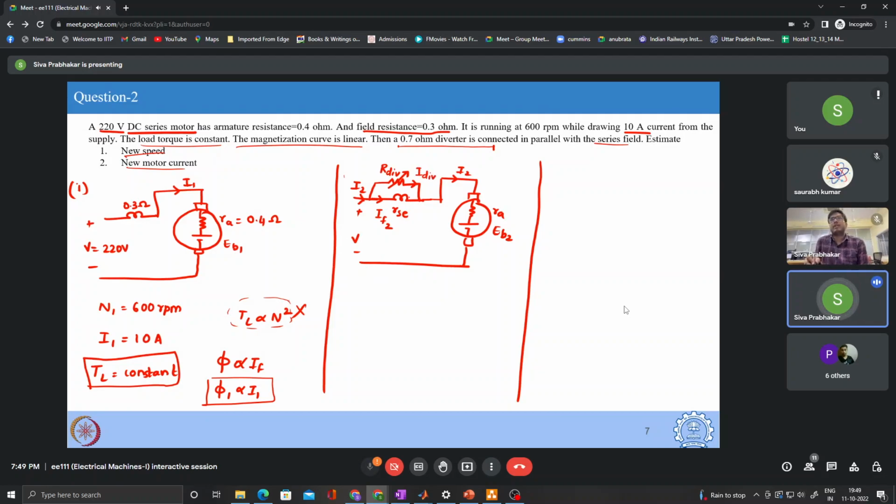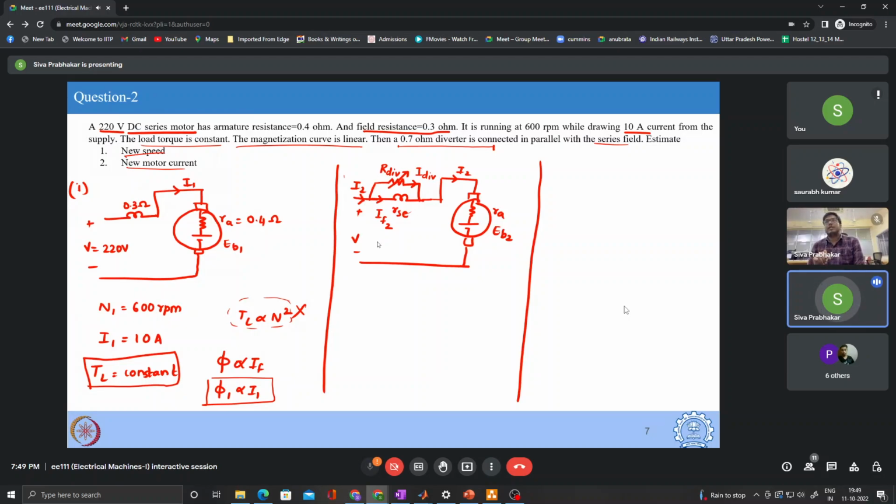By introducing a resistance in parallel to the field resistance, the current through the field winding changes, because some part of the current will flow through the parallel resistance and only some part will flow through the field winding. So we are modifying the field current, diverting the current away from the field circuit by introducing an extra path. That's why we call it a diverter, because we are diverting some part of the current through another parallel path.